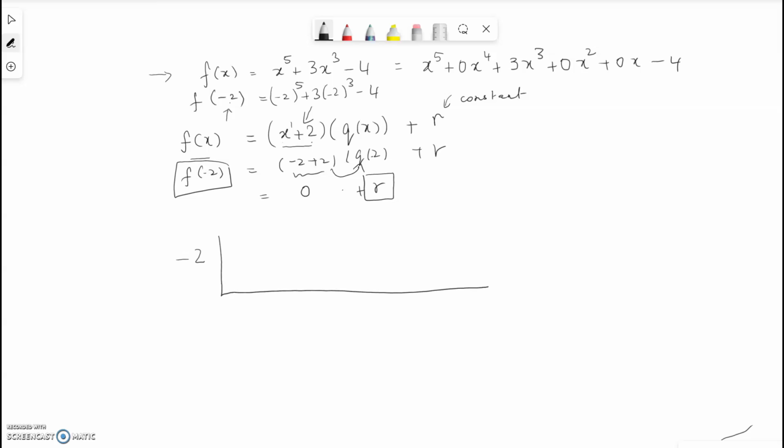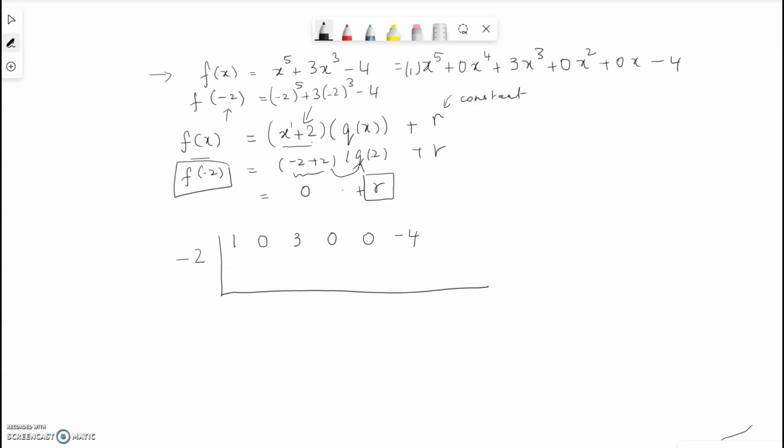So what I'm doing now is synthetic division. So it's 1, which is the coefficient of x to the fifth, coefficient of x to the fourth, coefficient of x cubed, coefficient of x squared, coefficient of x, and the constant term.